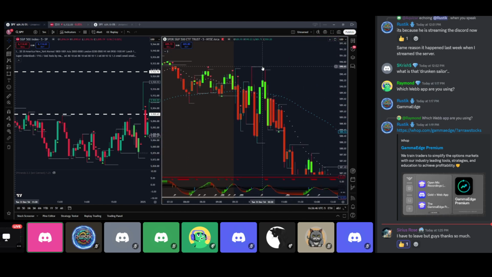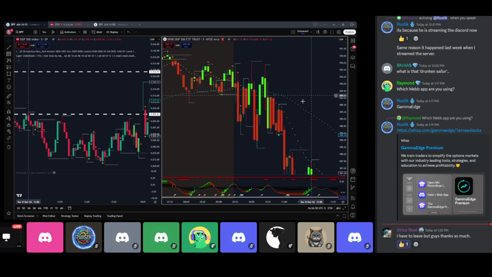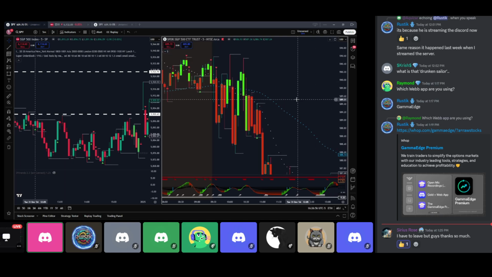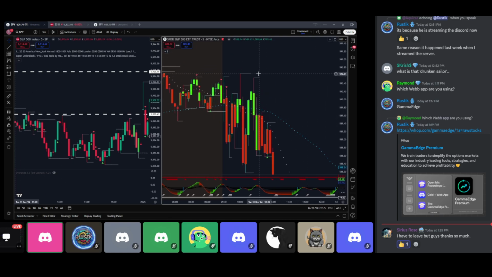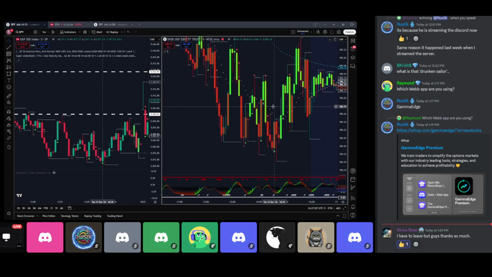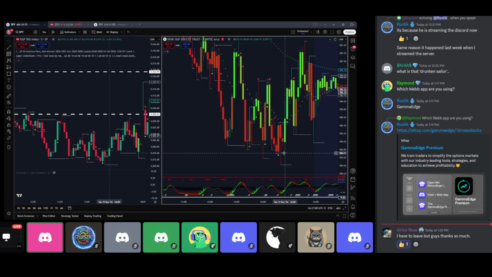All right, so you see here, we pushed to 590. We did not get above it. This is 12/31/2024. This isn't like a coincidence. That's a huge delta level. I can expect us to push up into it, and then we get some sort of reversal. And then we just went all the way down to 584.